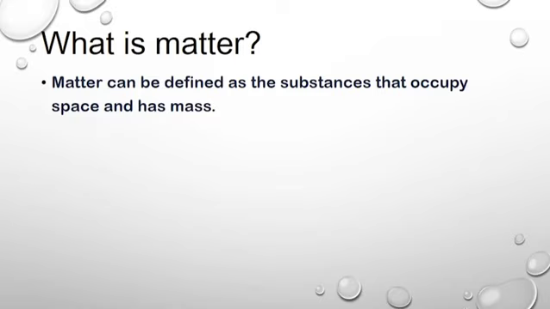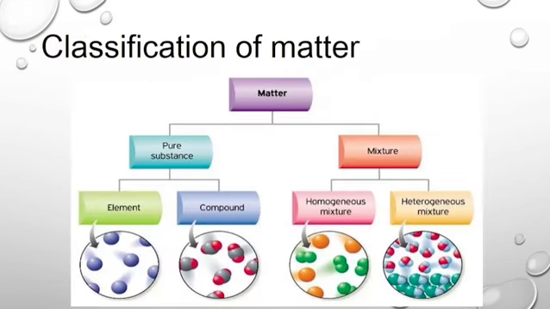So with that knowledge, we can classify matter into two main groups. One is pure substances and the other one is mixtures. According to that, pure substances are the materials with a fixed composition and distinct properties, containing only one type of particle.